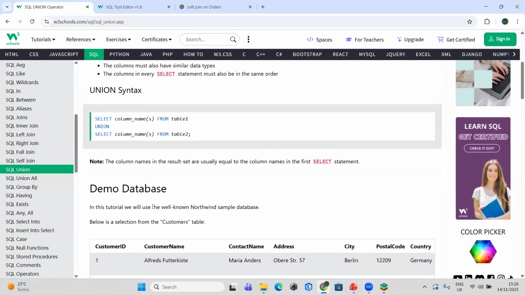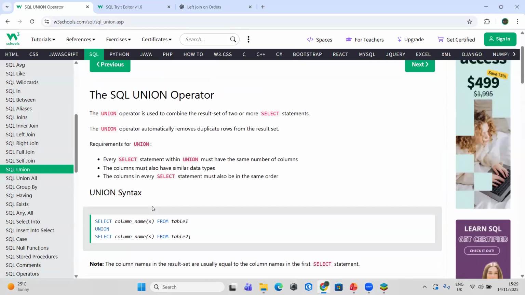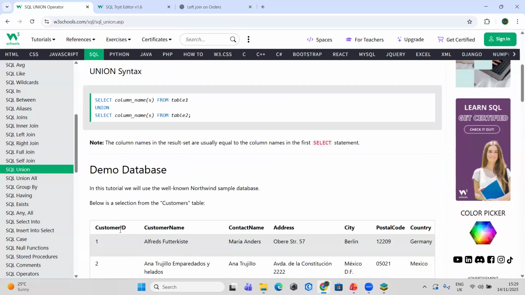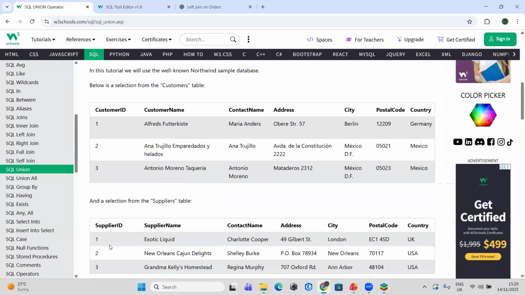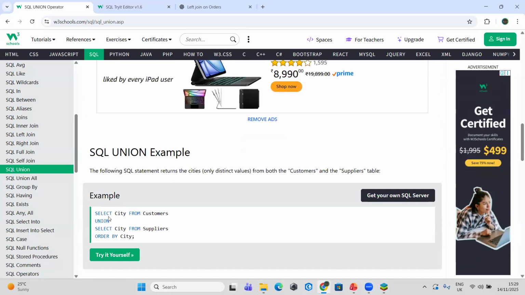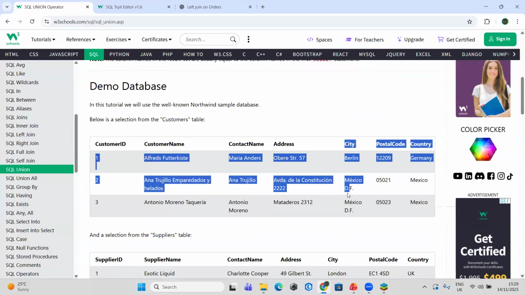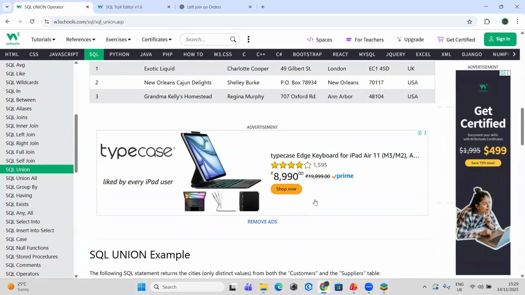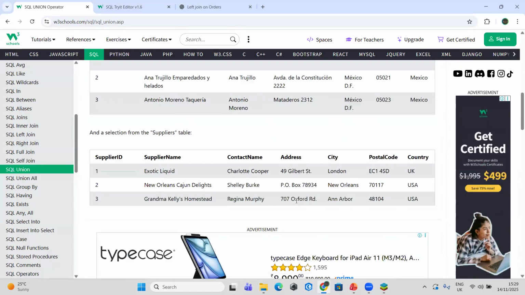Then we talk about union. If we have two tables, how does union work? You see the tables here. It says select city from customers, and it also says select city from suppliers.